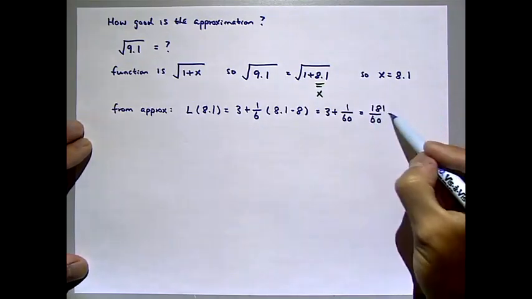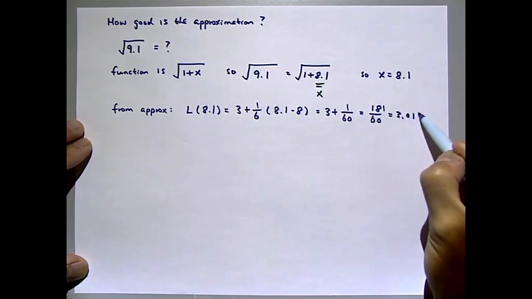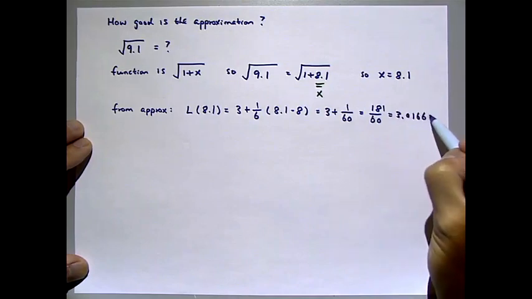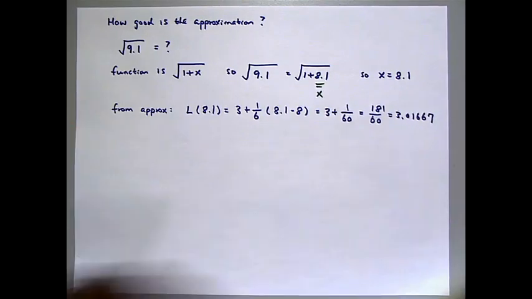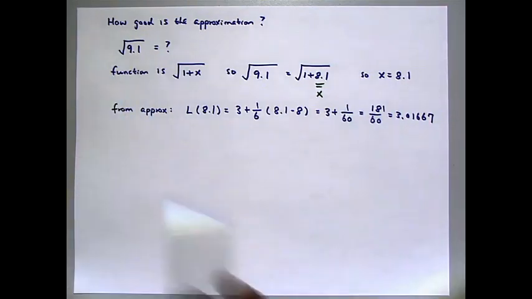That's approximately 3.01667. Okay, the tangent line approximation says radical 9.1 is around 3.01667.